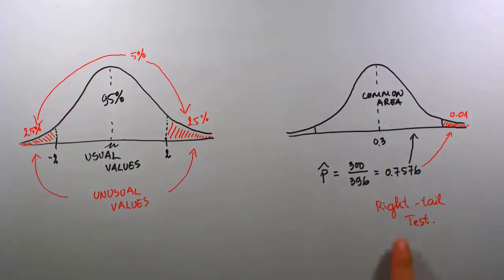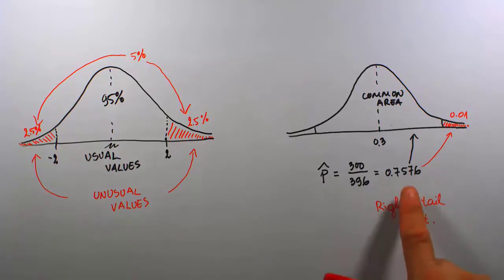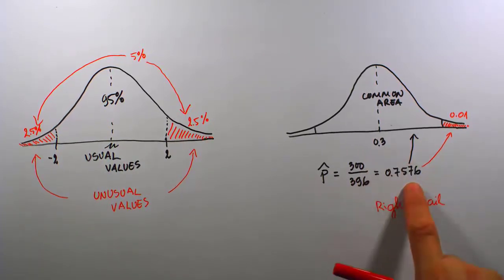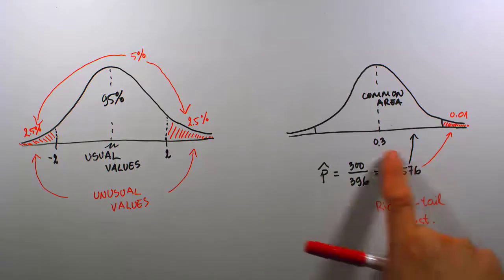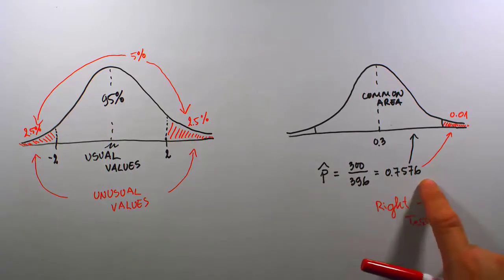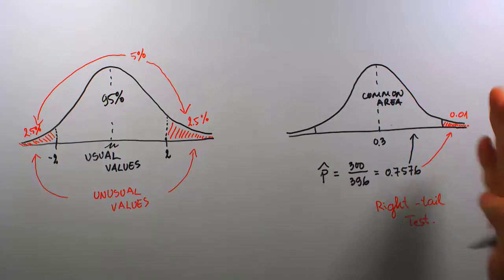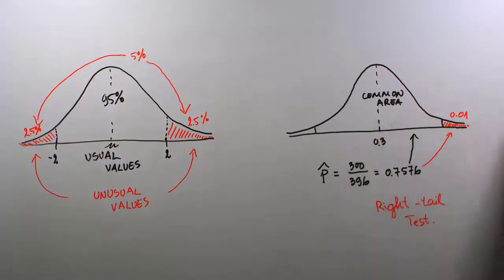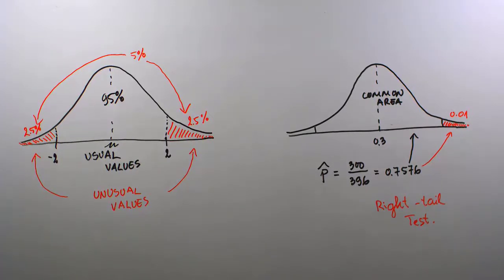So being a right tail test means from where our sample is, of course, being already greater than the value claimed in the center, but we further want to test whether or not our sample will also fall into the right tail, the tail on the right hand side of the bell curve that's outside of the common area. And that's what it means by being a right tail test.